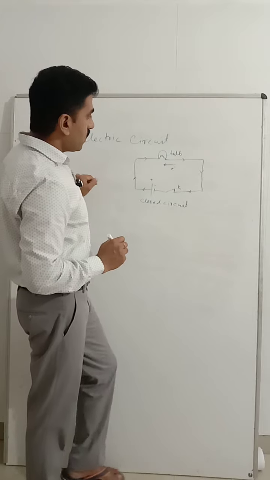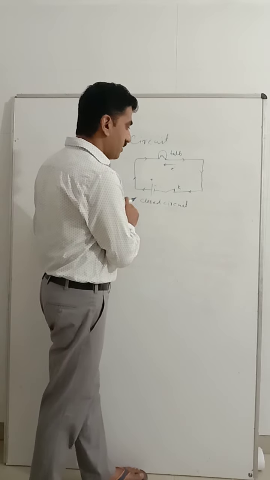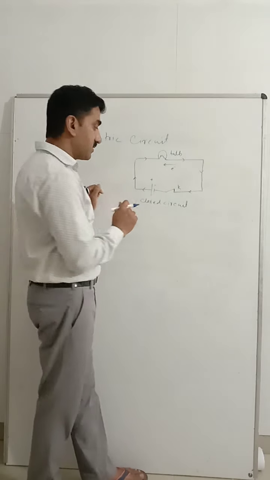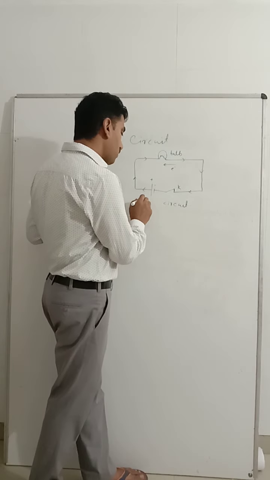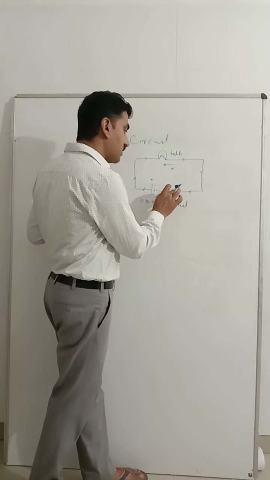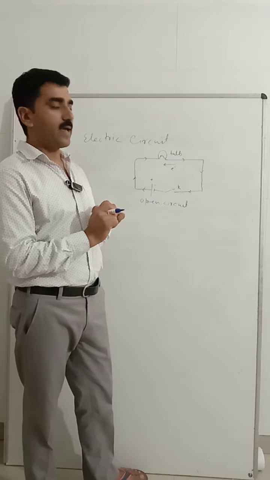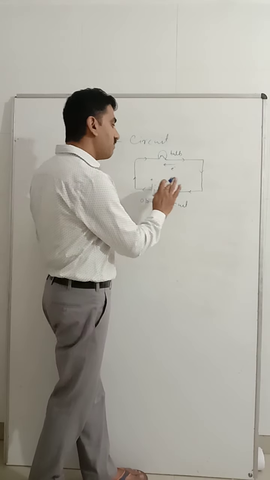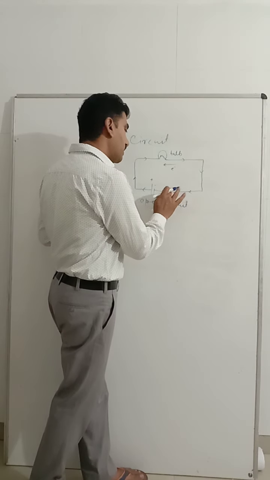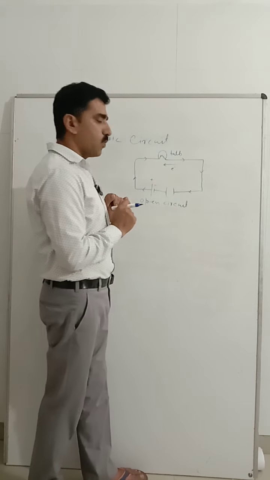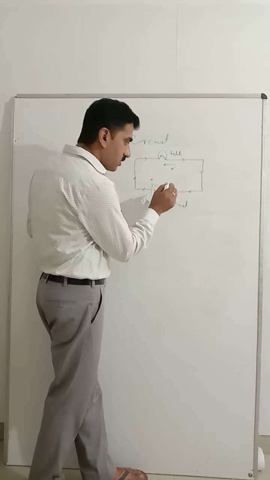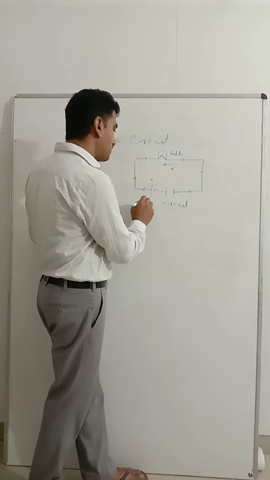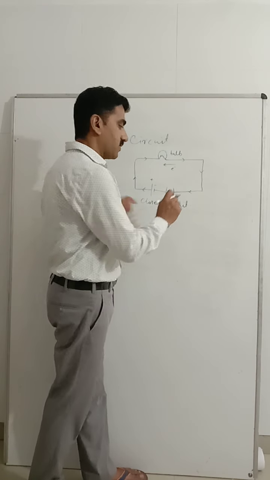So this is a closed circuit. When the circuit is open, it is not connected. Or sometimes instead of a switch, you can get a symbol like this. This is an open circuit. And when you put a dot over here, then it is called a closed circuit.